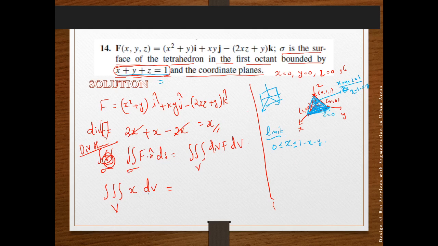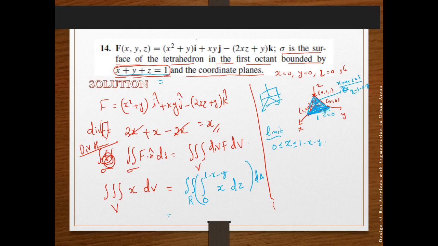First we will integrate this double integral over R. For the limits of x and y, we have to find the projection R. So first I will integrate with respect to z, from 0 to 1 minus x minus y, of x dz, dA.